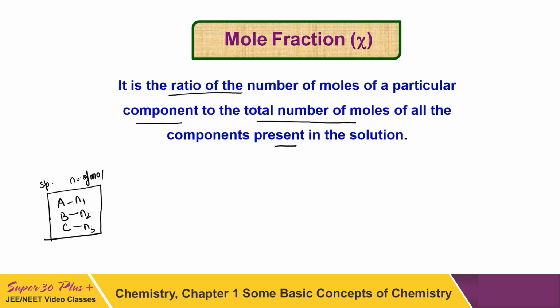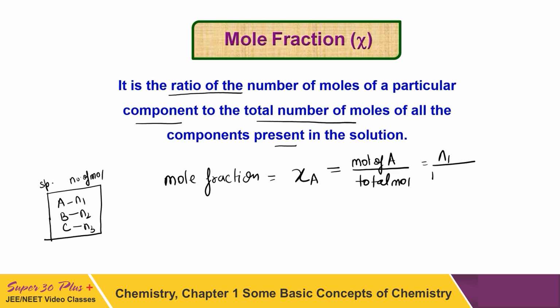So what will be the mole fraction? As the definition says, mole fraction will be the mole of any component. See, mole fraction we always define individually. First we define the mole fraction of A. That would be equal to the mole of A upon total mole. Now mole of A is N1 and total moles are N1 plus N2 plus N3.